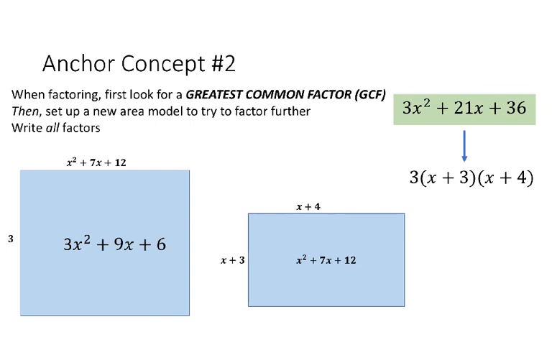So here it is in terms of what this actually looks like. So we had our greatest common factor of 3 that we factored out. So the step in between here was really this, where we had the 3 factored out to the front, and then we had this as our other factor.